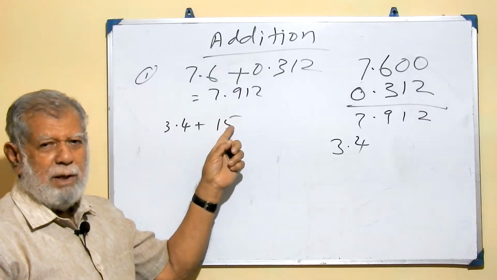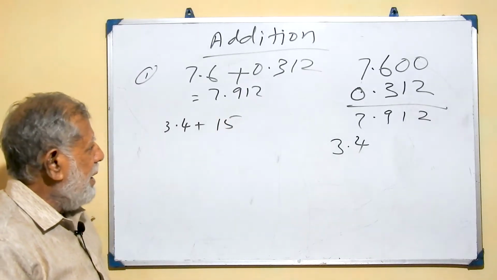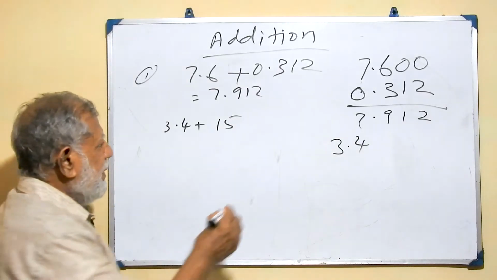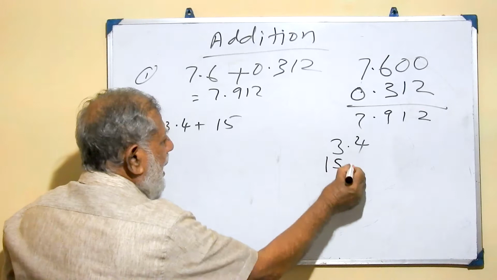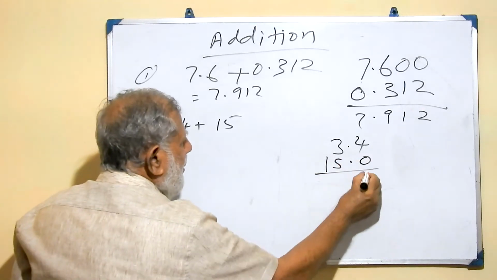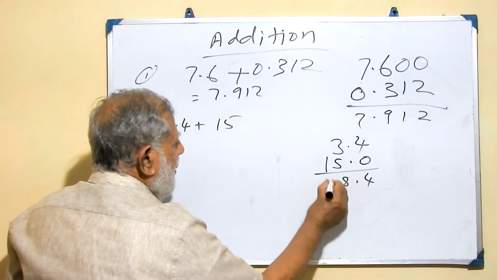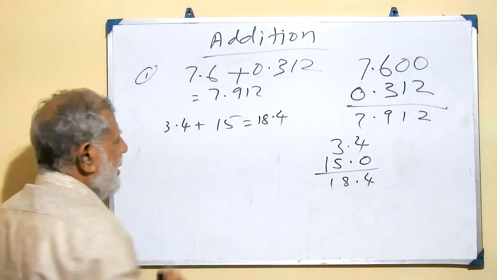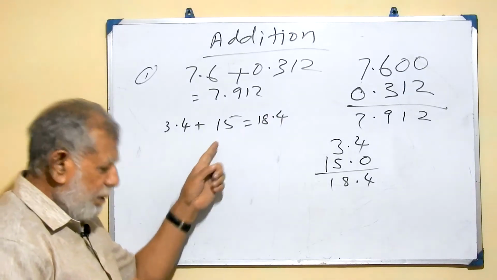A whole number has a decimal at the end. So where to write the decimal? In addition, the decimal points must come one under the other. So we write the 15 here and the decimal there, and after the decimal we can put a 0. So the answer here is 18.4. You have to be very careful because 15 is a whole number.